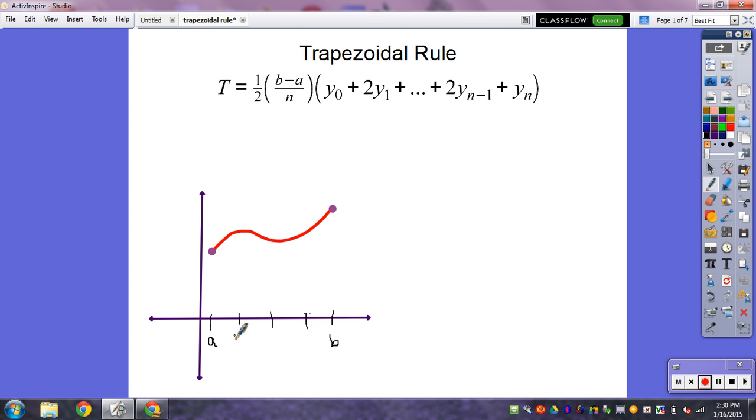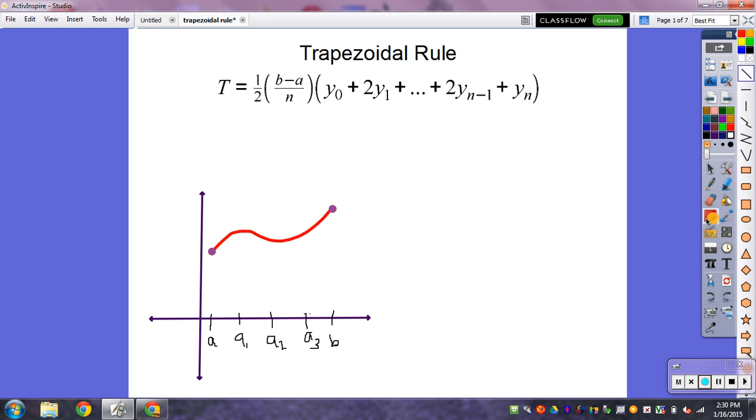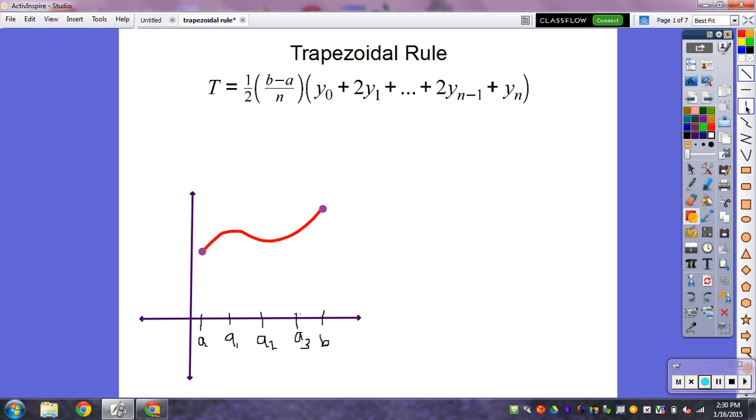And let's represent this as, if this is A, let's just call this A sub 1, A sub 2, and A sub 3. And so for each of these x values, I will create a trapezoid, or a base of a trapezoid. And the way I do that is I create vertical lines that attach to the curve at each x value.